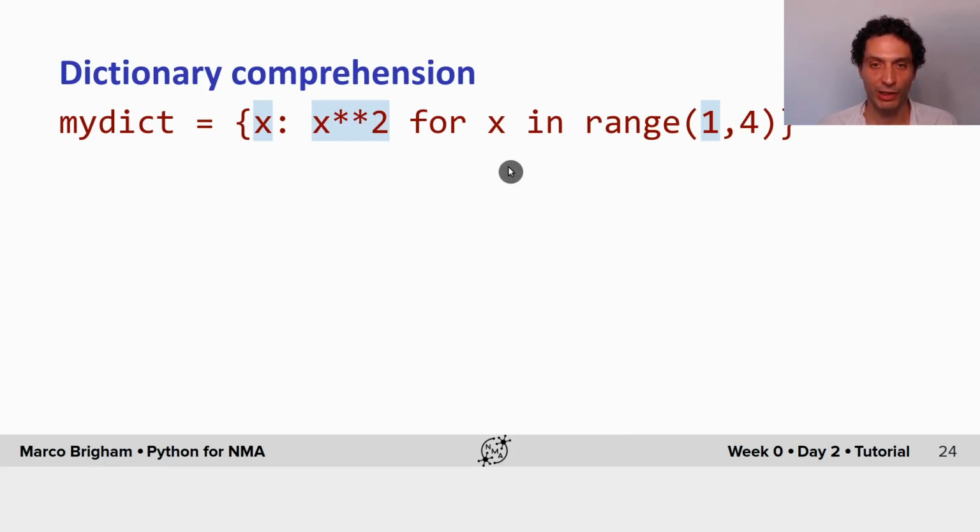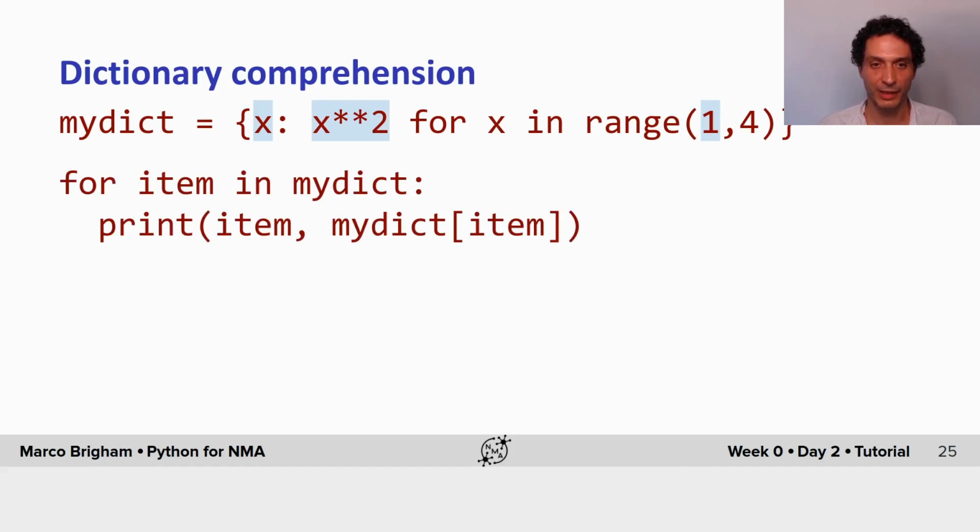And then for each one of these values, we square it. So this is how we define the key and the value pair. And so we loop through this dictionary, and this is what we have. So key 1, 1 squared is 1, key 2, 2 squared is 4, and so forth.